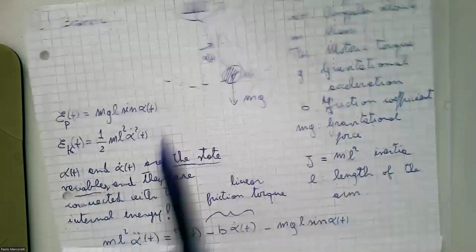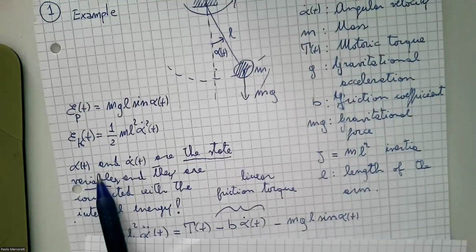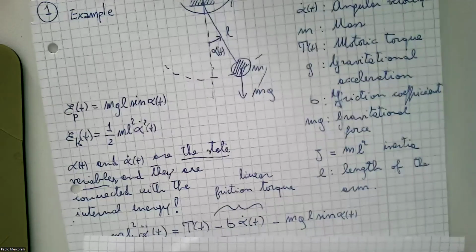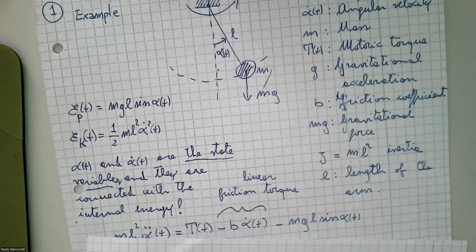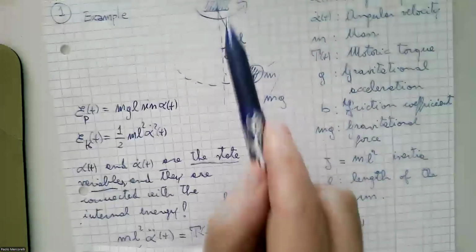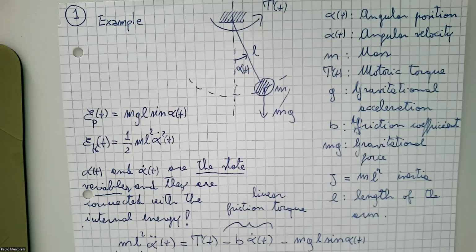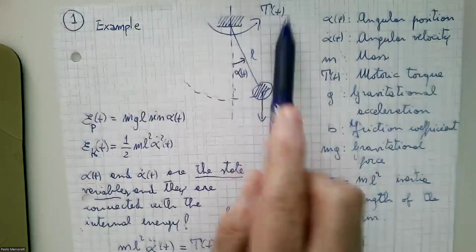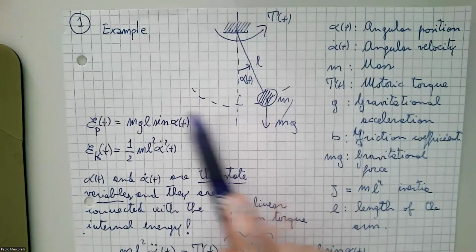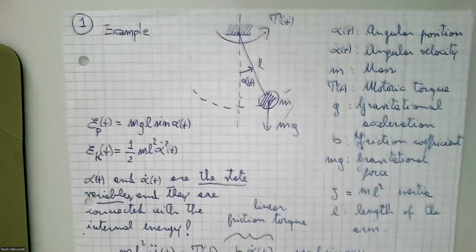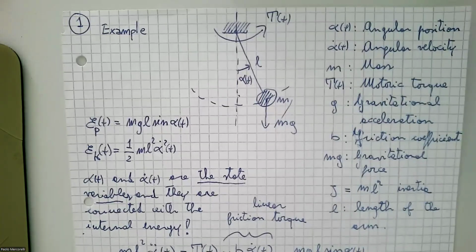We say that these two variables are the state variables, and they are connected with the internal energy, because we are considering this an external energy. About internal and external, sometimes we have a different interpretation, but in any case, it depends. If I put zero this external input, nevertheless I have energy in the system, considering its position and its velocity. This is a little bit the concept of internal energy. We have a different interpretation. Be careful. Look at this now.